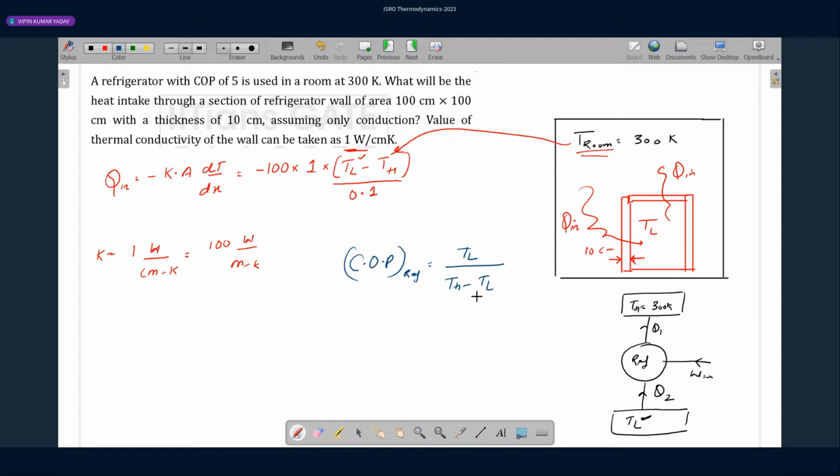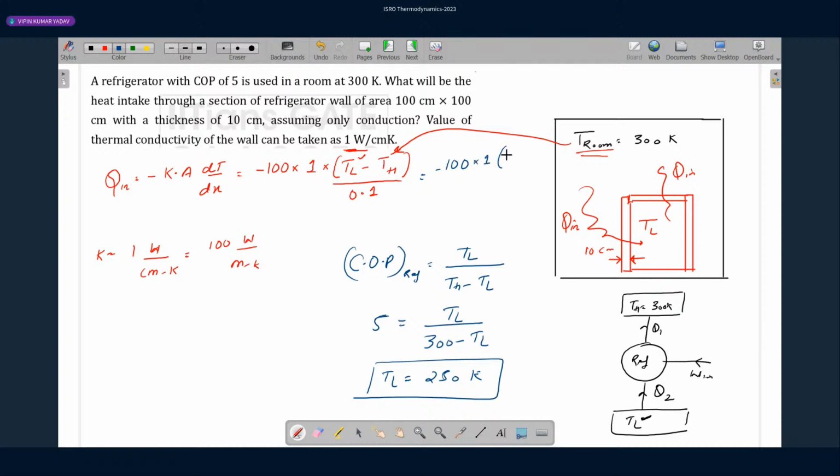It will give you the lowest temperature. 5 equals TL upon 300 minus TL. So TL, if you calculate, is 250 Kelvin. Okay, now I am sorted.